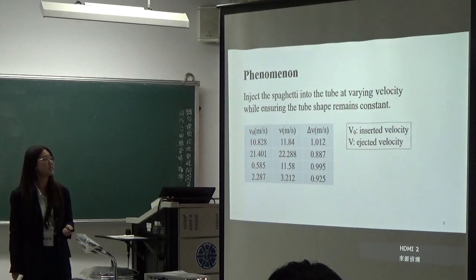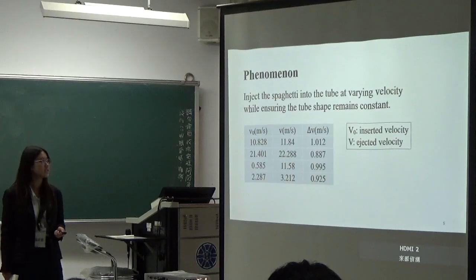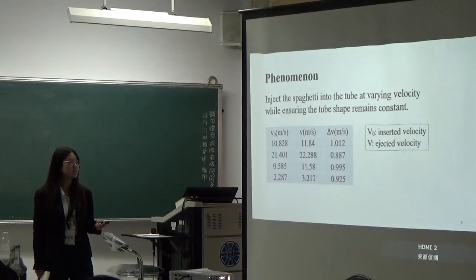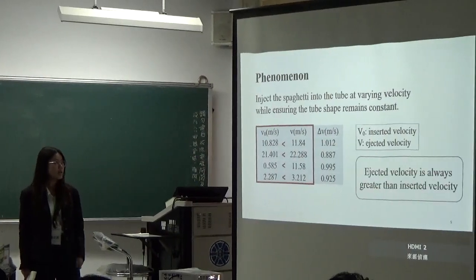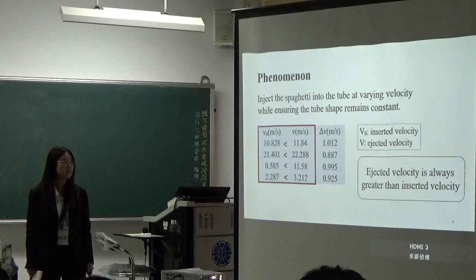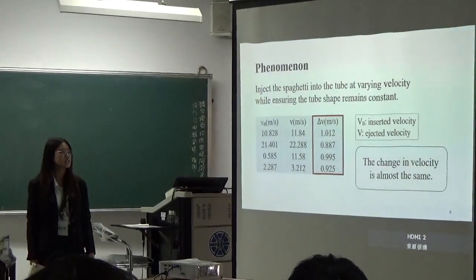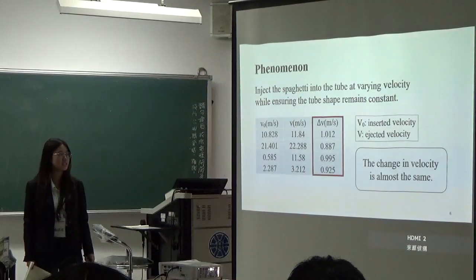We inject the spaghetti into the tube at varying velocity while keeping the tube shape constant. Here's the result: ejected velocity is always greater than inserted velocity, and the change in the velocity is almost the same.